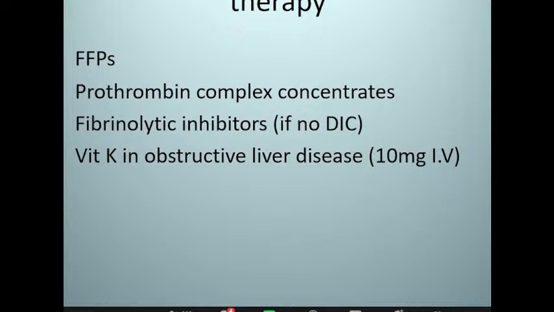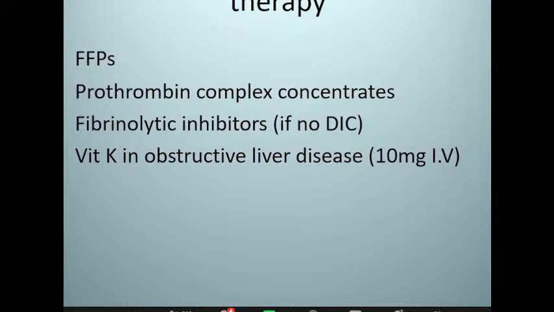If there is no DIC, then we can give fibrinolytic inhibitors. I normally tend to avoid using fibrinolytic inhibitors in DIC because if you use them, whatever fibrin is being formed will not be cleared. Fibrinolytic inhibitors will prevent fibrinolysis.